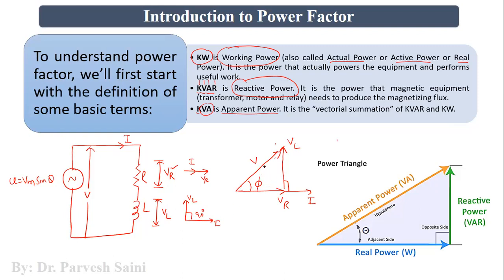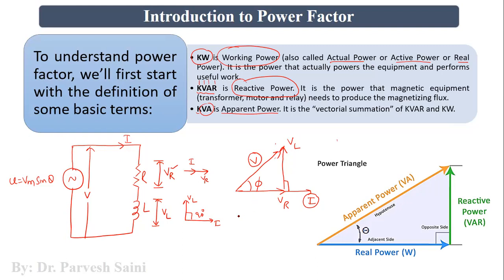Now we can see that there are two major components. One is this voltage V, which is the RMS value of the input voltage, and another is this current I, which is the RMS value of the supply current or input current.